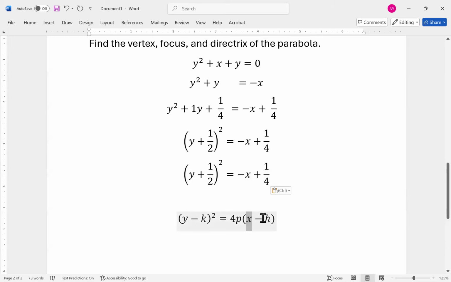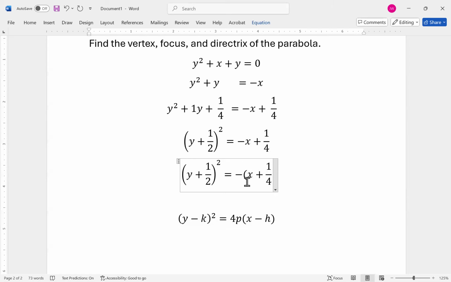I want to have an x minus h inside of the parentheses. So what I'm going to do is factor out any coefficient of x. In this case, if I factor out a -1, I get x minus 1/4 on the right-hand side. So negative quantity x minus 1/4.